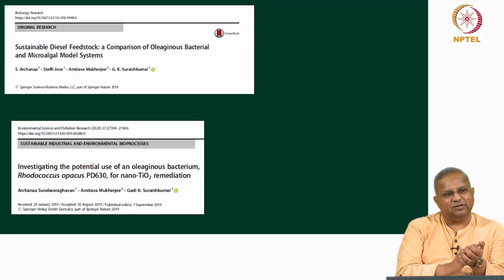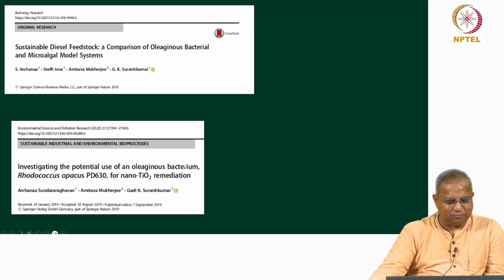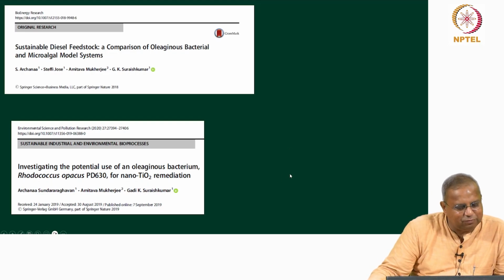So that's what happens when you do things before your time. I don't care, but that's what happened. We were very sure that this was something substantial, but the scientific community didn't see it that way, so it was published in Environmental Science and Pollution Research, doesn't matter.